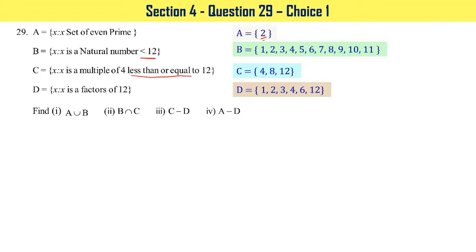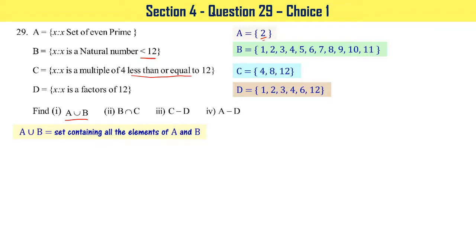Now let's see what is A union B. Since we got all the sets A, B, C, D, let's start with answering the questions. A union B is the set containing all the elements of A and B, right?